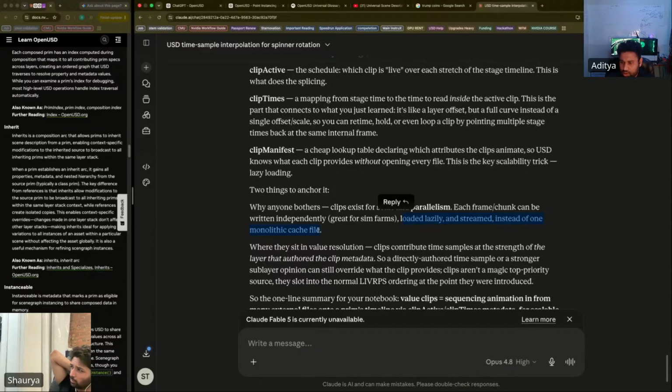They slot into normal LIVRPS ordering at the point they were introduced.